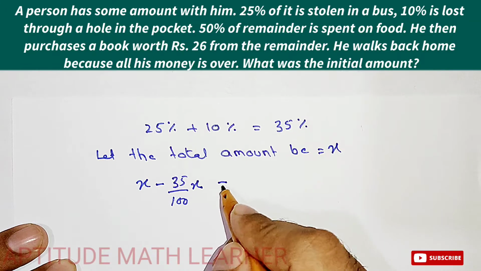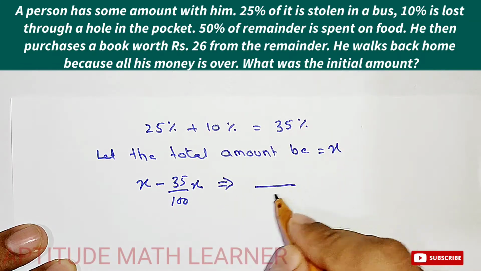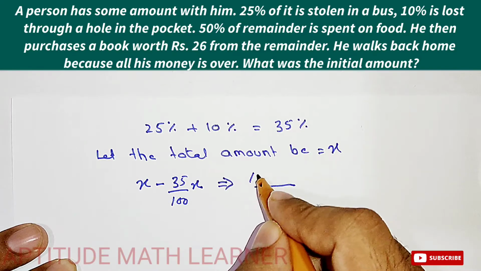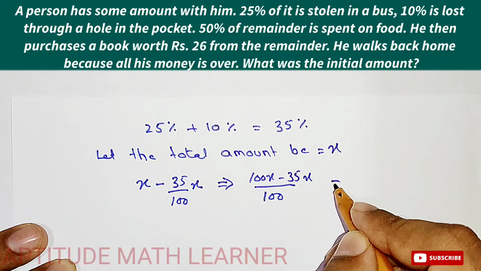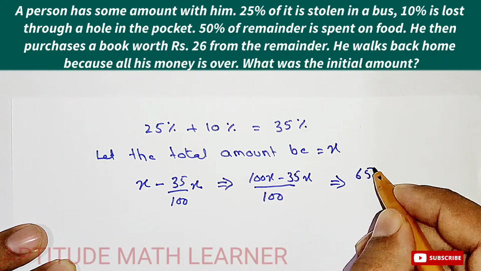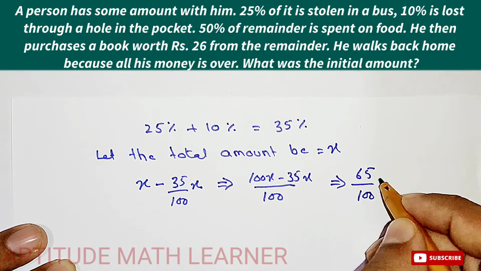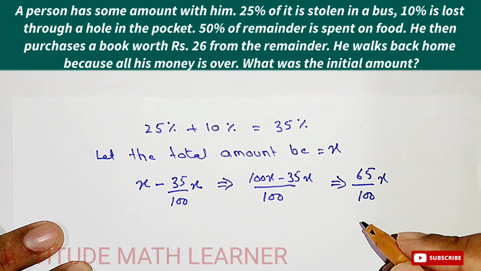Calculating this, we take the LCM: 100x minus 35x, and that becomes 65 upon 100x. This is the remaining amount which he has.